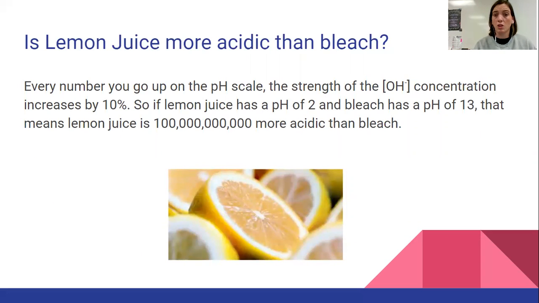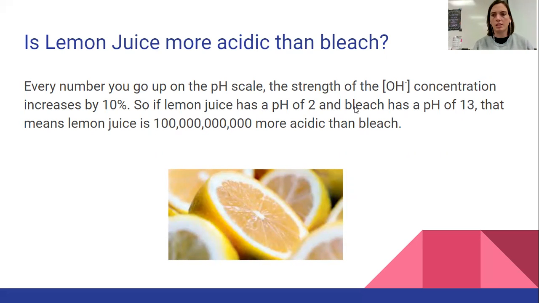Is lemon juice more acidic than bleach? Okay. Yes. Every number you go up the pH scale, the strength of the hydroxide concentration increases by 10%. Because hydroxide and hydrogen are generally thought of as being opposite. Okay, so if lemon juice has a pH of 2, that's saying that in lemon juice, hydrogen is found 1 out of every 100 molecules.